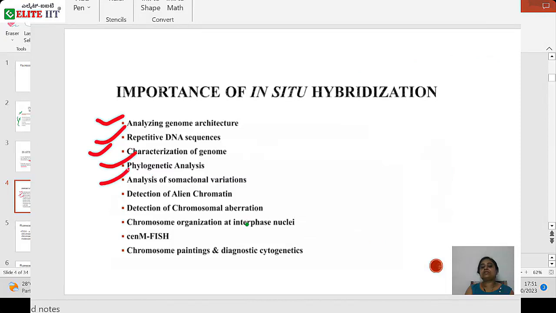Also analysis of somaclonal varieties, detection of alien chromatin, detection of chromosomal aberration, chromosome organization, and centromere FISH, that means you can localize the centromere position with FISH, and chromosome painting and diagnostic cytogenetics studies. You can utilize in situ hybridization in these processes too.